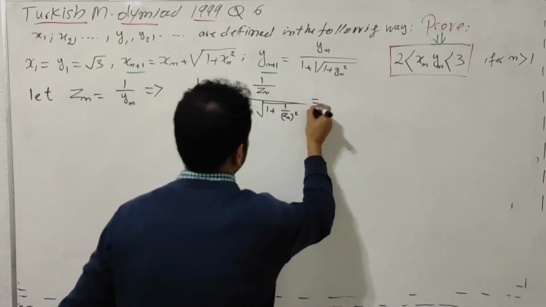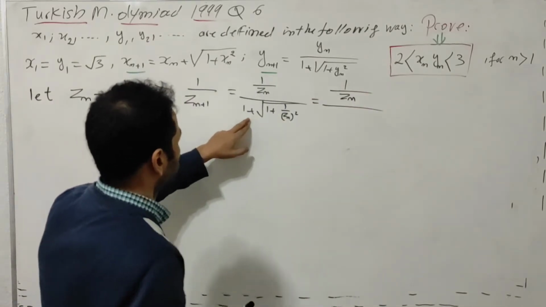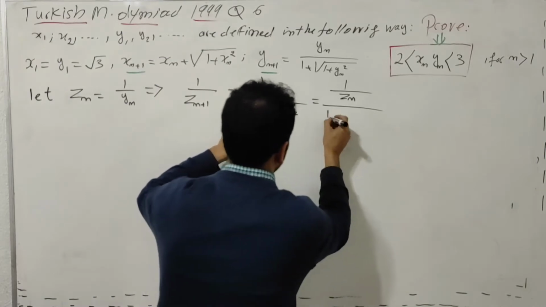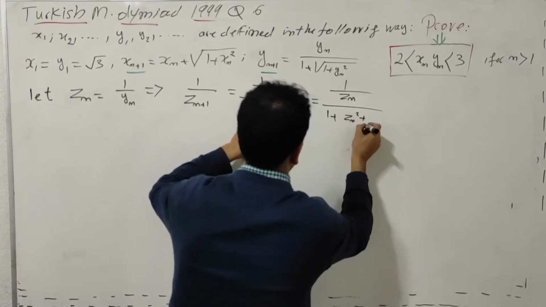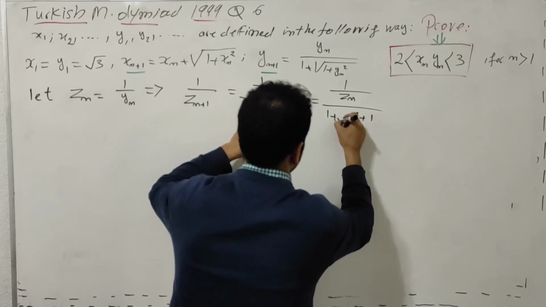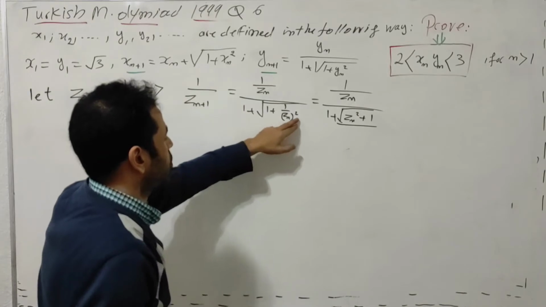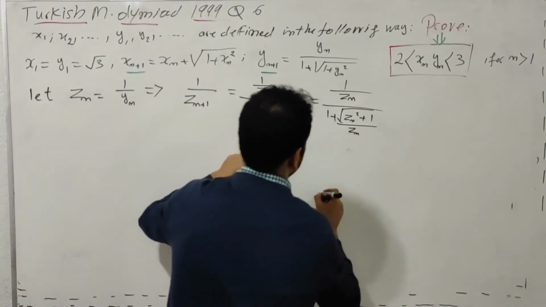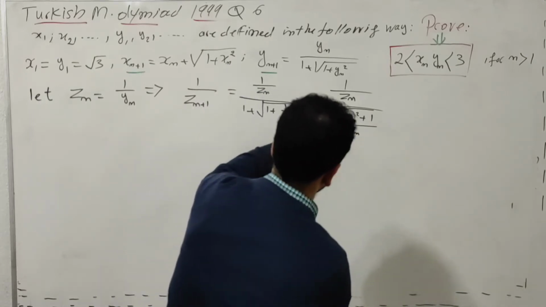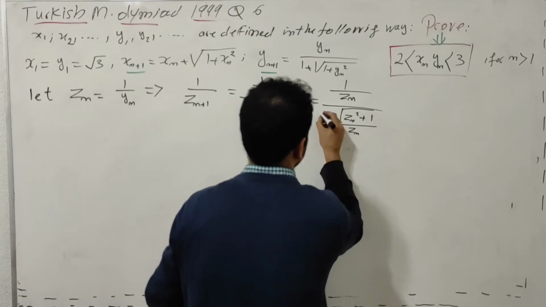I'm going to simplify this one. By simplifying, this gives me 1 plus the square root of zn squared plus 1. I'm going to take zn squared outside of this square root. We will have z sub n, and multiplying zn by 1 gives me zn.